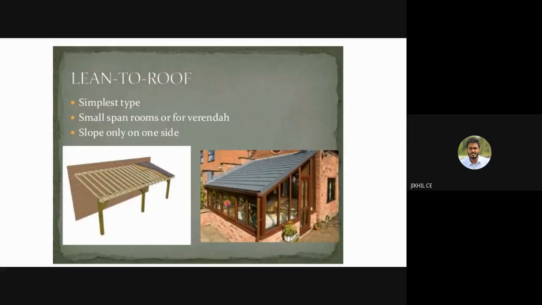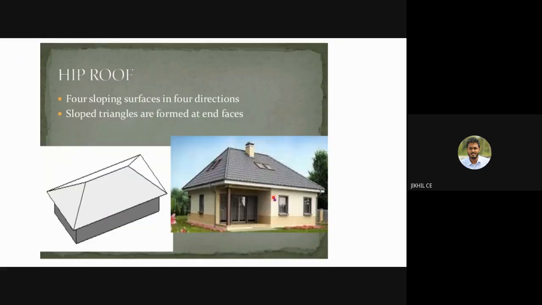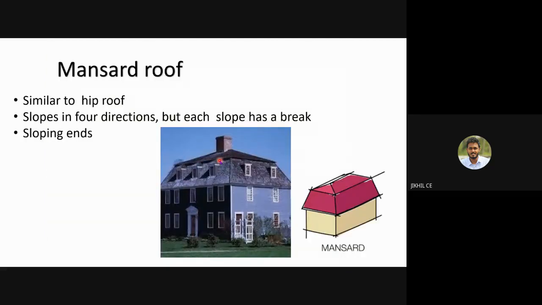Gable roof, double inclination; hip roof, four inclination; gambrel roof, change in slope; and the mansard roof, similar to the hip roof.